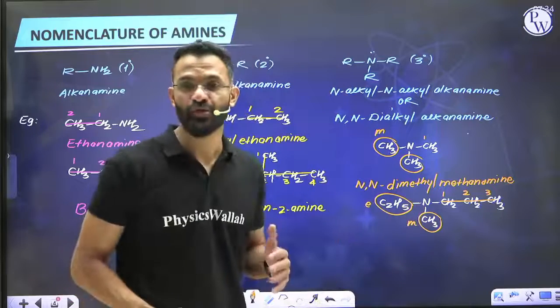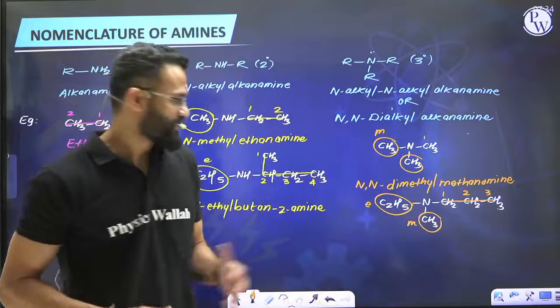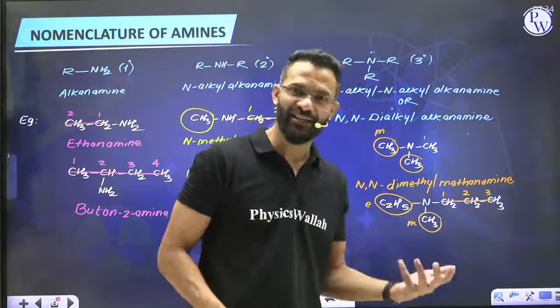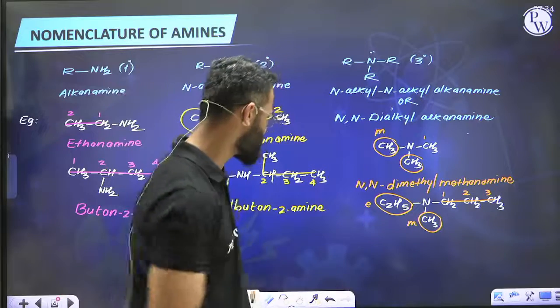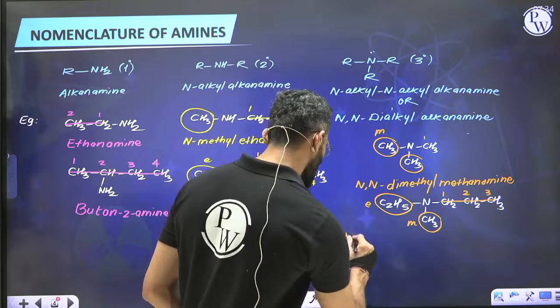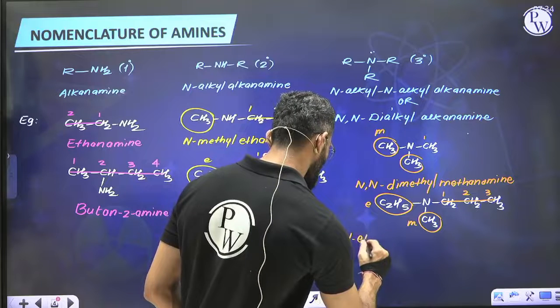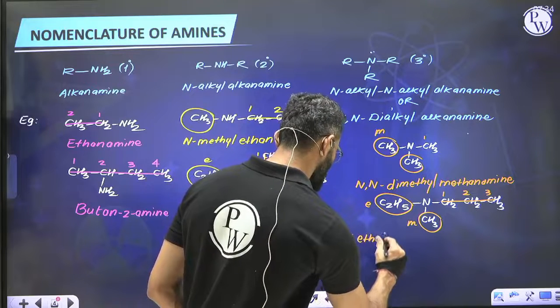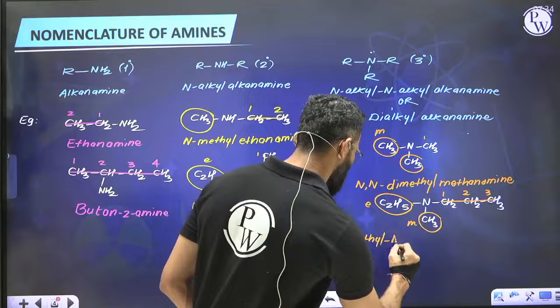And now we are supposed to write down the substituents first. So when you have got 2 different substituents, check their alphabetical order. Like this is ethyl, so you will say N-ethyl, followed by N-methyl.